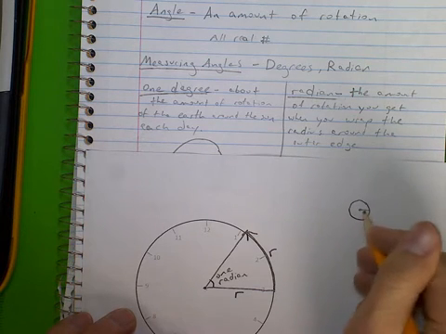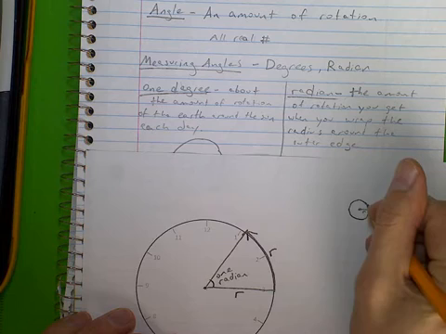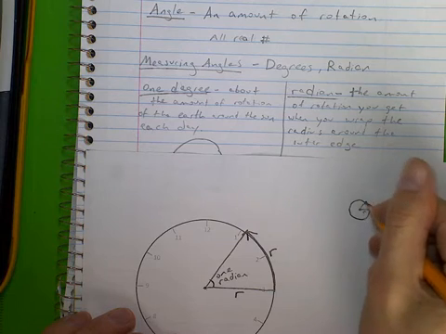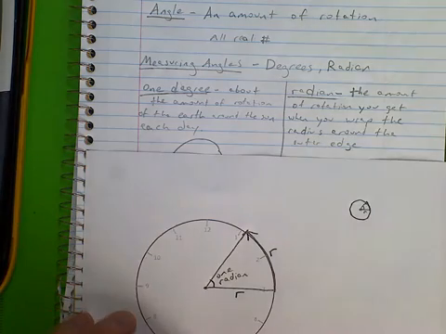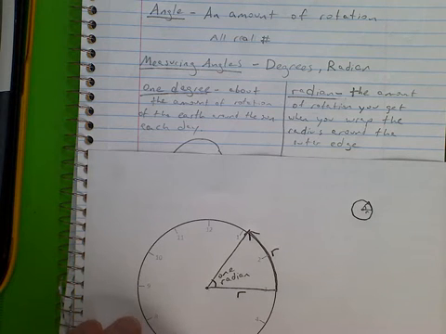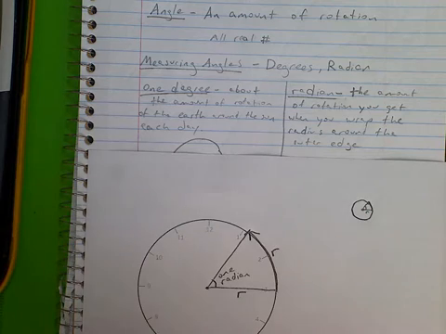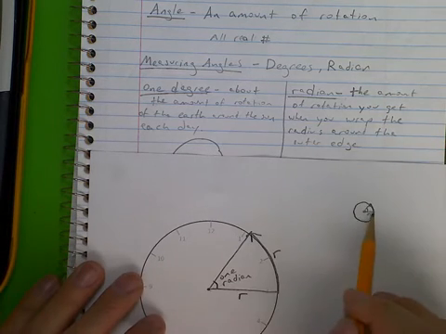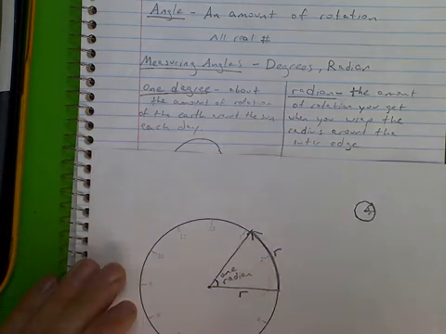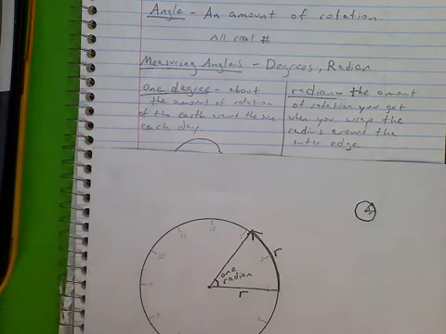But the radius is also smaller. So it turns out it works out exactly the same. 1 radius, 1 radian is 1 radian. It doesn't matter how big the circle is that you use. It's always the same amount of rotation. Okay? It's a shorter distance here, but you rotate around the circle by the same amount. So that's what a radian is.